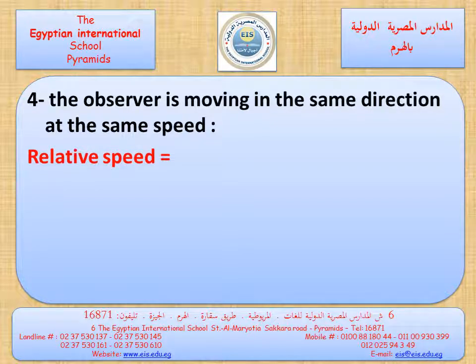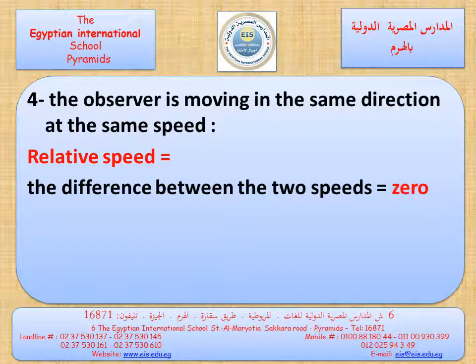We calculate the relative speed by making the difference between the two speeds as in state number 2. We said that if the two objects move in the same direction, we make minus. In this state, they move in the same direction with the same speed. Same direction, we make minus.